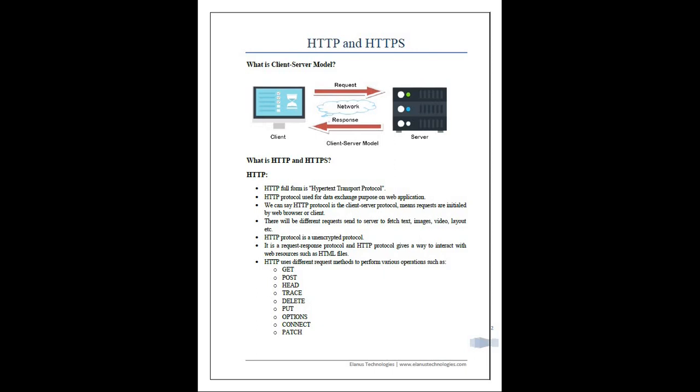They use different methods: the GET method, POST method, HEAD method, TRACE method, PUT method, OPTIONS, and CONNECT. These methods are used for different purposes. But a few methods are very dangerous if they are enabled on the server and we are not using them. If the developer forgets to disable them on the server side, it will be very dangerous. Such methods are DELETE and PUT.